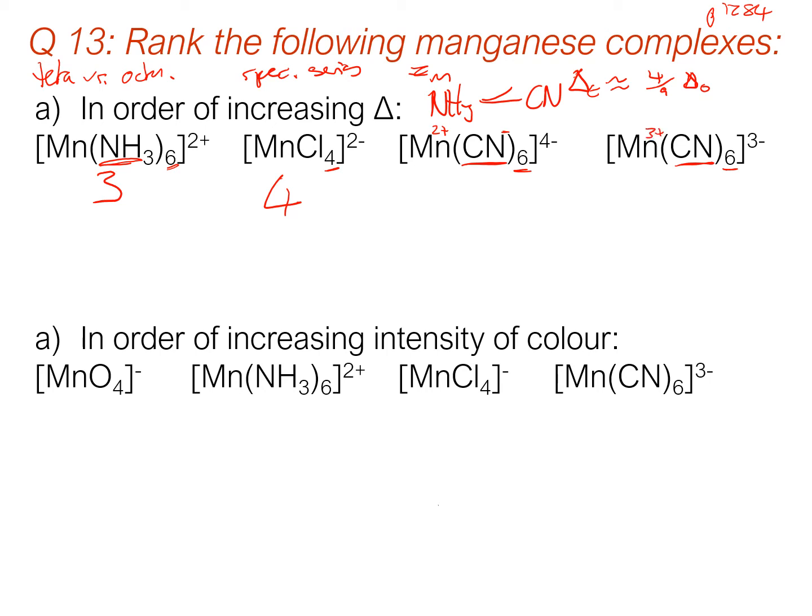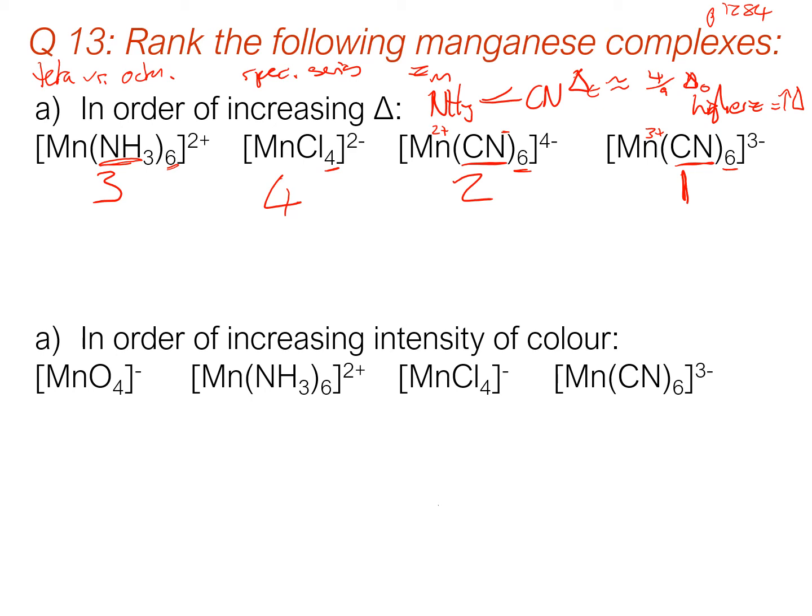Now, with the charge on the metal, if you remember, the higher charge, so higher Z equals a larger value of delta. So then this one will be the next highest value of delta, and the manganese 3+ will have the highest splitting energy of all 4 of these.